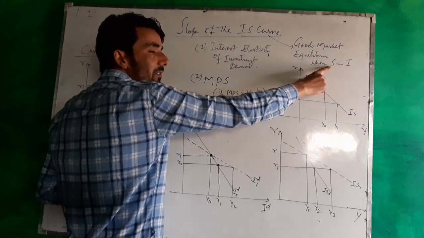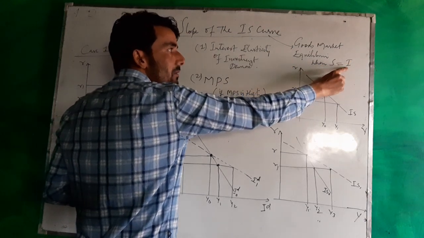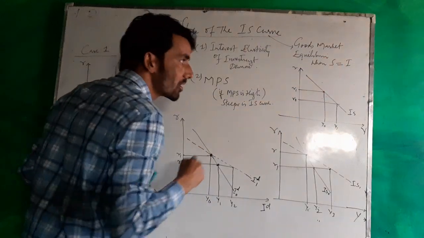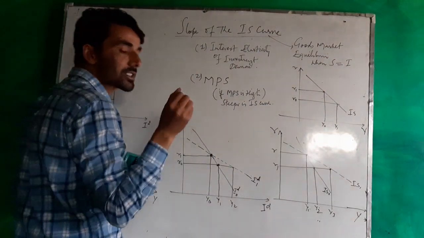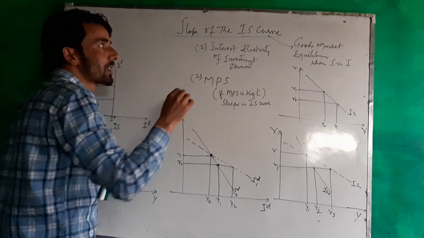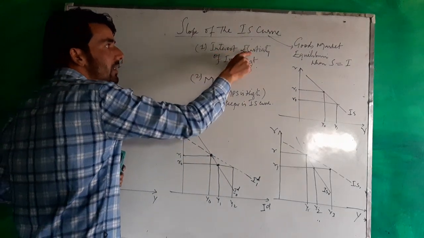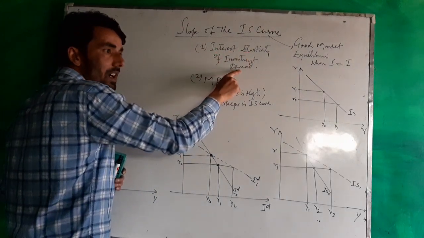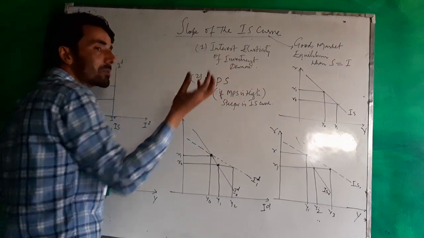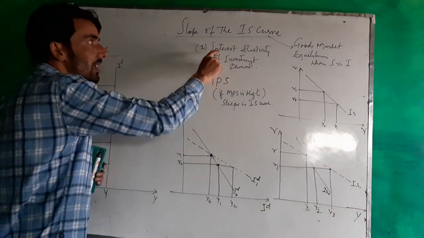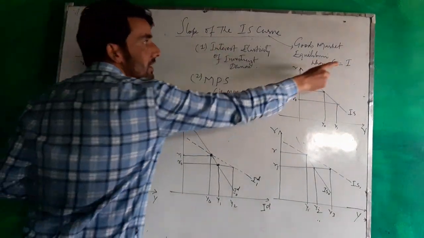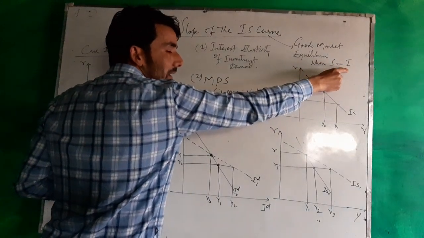We know that saving is a function of income and investment is a function of the rate of interest. So two factors determine the slope of this IS curve. One is the interest elasticity of investment demand, how much investment is sensitive to a change in the rate of interest. This side, because this will affect this side.